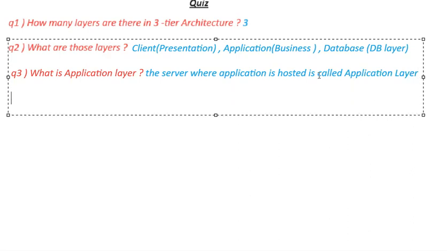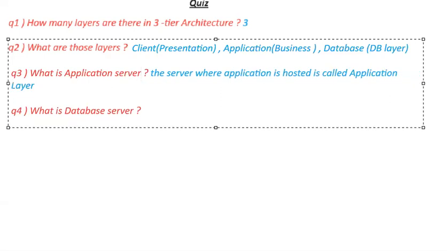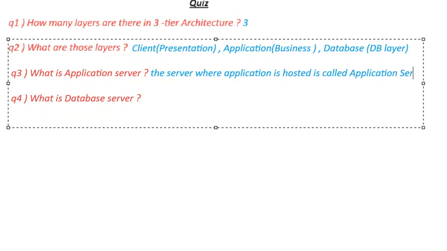Okay. Now I hope you answered this question as well. So let us move to the next question. That is the fourth question. What is a database server? Instead of layer, you can call it the application server. What is an application server? The server where the application is hosted is called the application server.